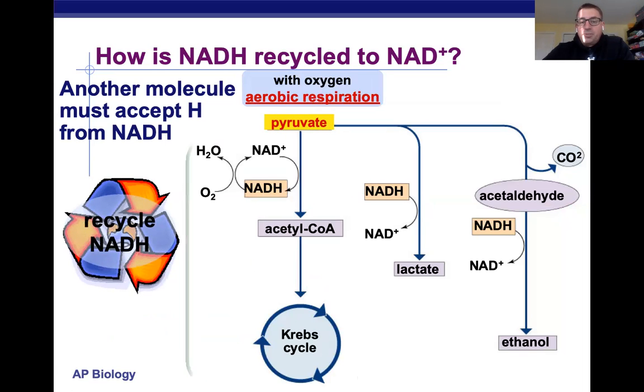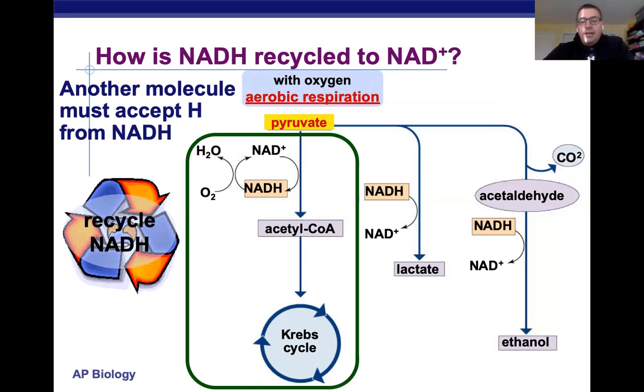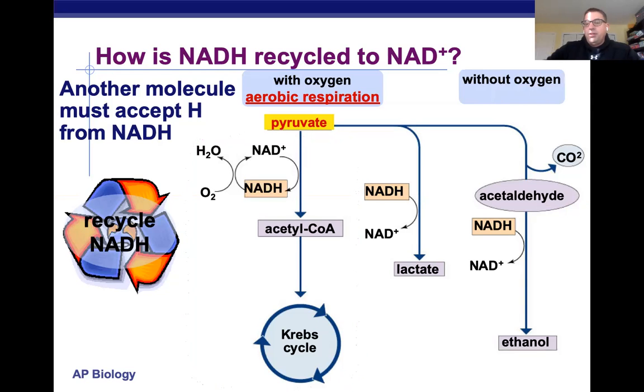Now, when oxygen is present in aerobic respiration, the NADH goes into the mitochondria, drops off those electrons at the electron transport chain. They eventually end up attached to oxygen and make water, and the NAD plus is recycled and goes back to glycolysis. But without oxygen present in the cell, then cells have to go through what's called fermentation.